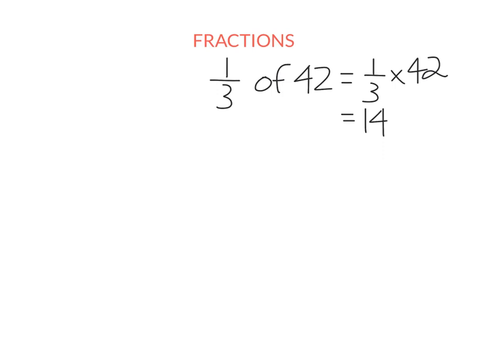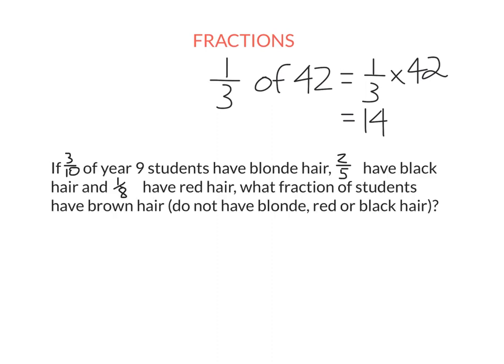Let's just do a couple of worded problems. So let's do this question here. So 3/10 have blonde hair, 2/5 of students have black hair, 1/8 have red hair. And we want to find the fraction of students that do not have blonde, red, or black hair. So the important thing to note, fractions are parts of a whole. So here we're viewing the group of Year 9 students as one whole group.